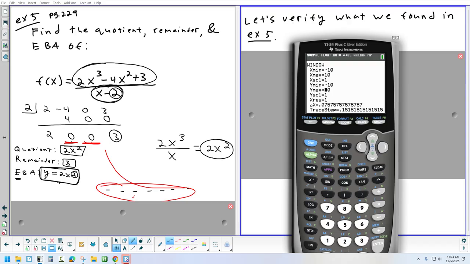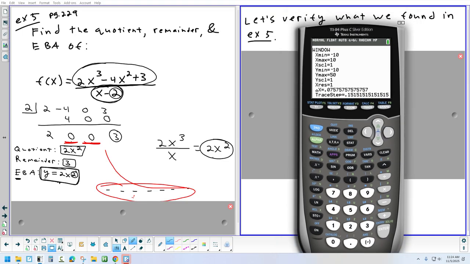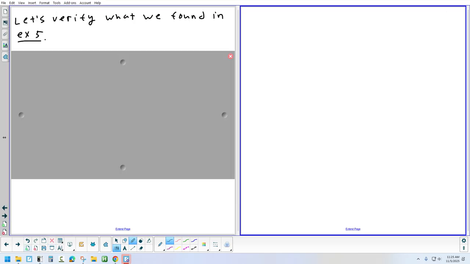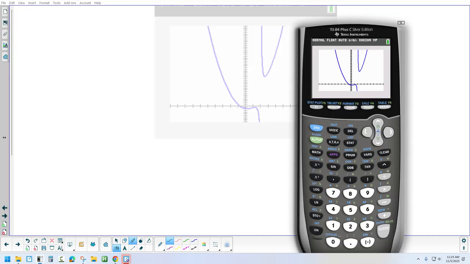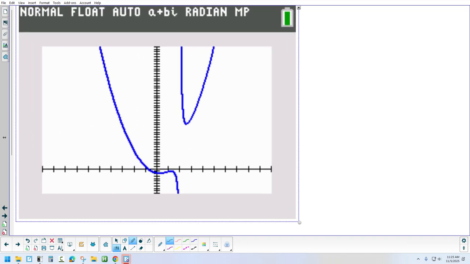Let's just set the y max at like 50. So that's the part you were seeing before, and you're going to see another part right around there. Okay, so there is your graph. The vertical asymptote is right here.